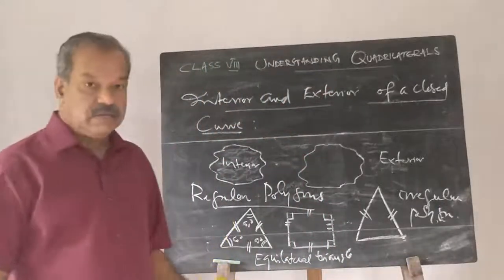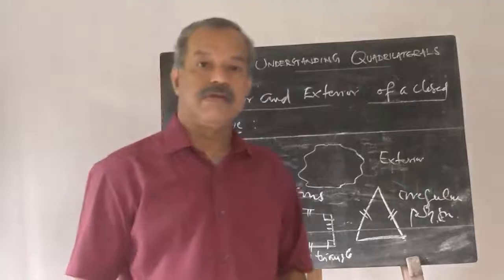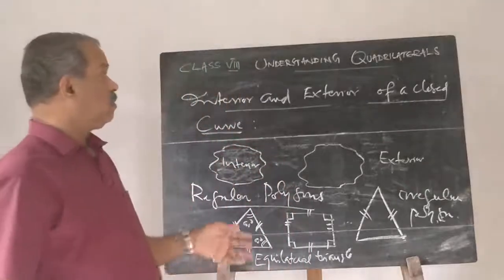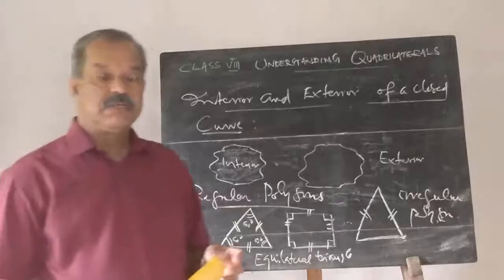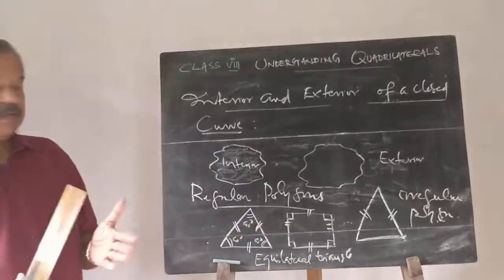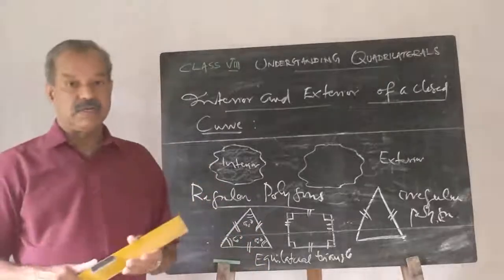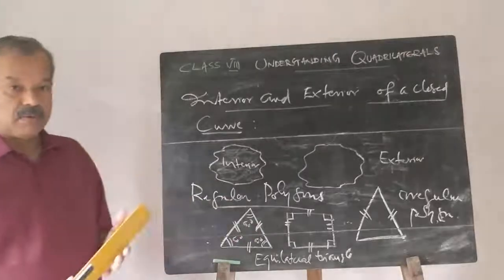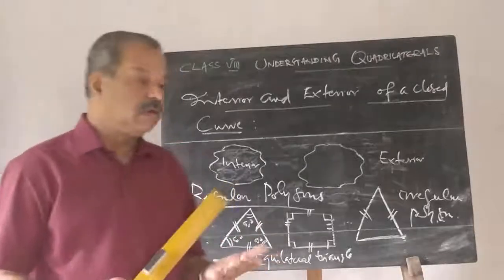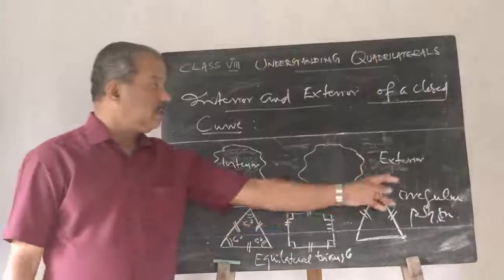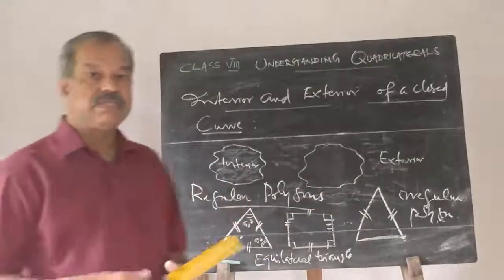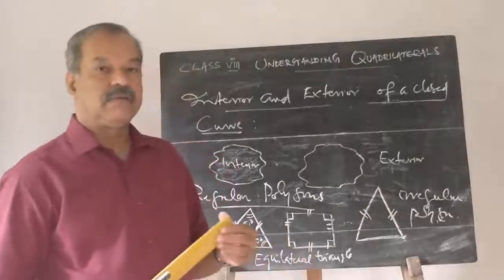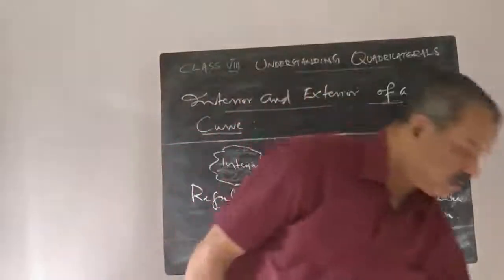So we have learned some important aspects of polygons: what polygons are, what the diagonals of polygons are, regular polygons, exterior and interior, etc. All these are illustrated in the textbook.